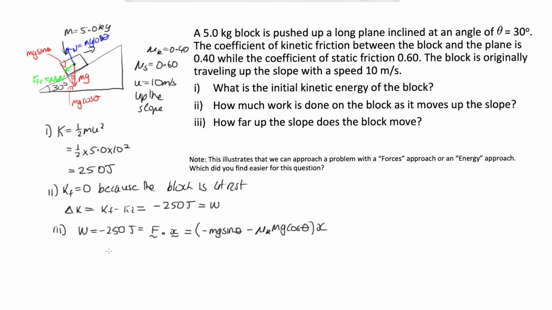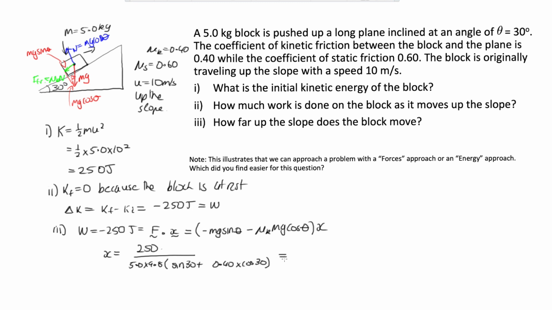So we can solve this to find x, which is the distance it travels up the slope. So this is equal to 250 divided by, now mg, that's a common factor in each of these. So I'm going to pull that out the front, and my m is 5 times 9.8. And then I've got my sine 30 plus my mu k, which is 0.40 times cos 30.